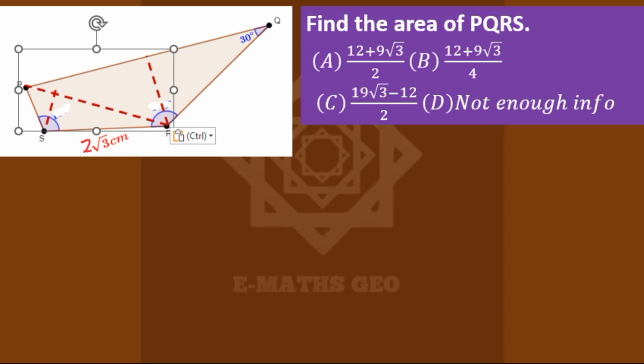So I've partitioned this: this small one is 30, while this one is 120, and I'll partition it into 60 and 60. So the total angle is still 150. While this is 105, I'll partition it into 45 and 60. So we're still correct.